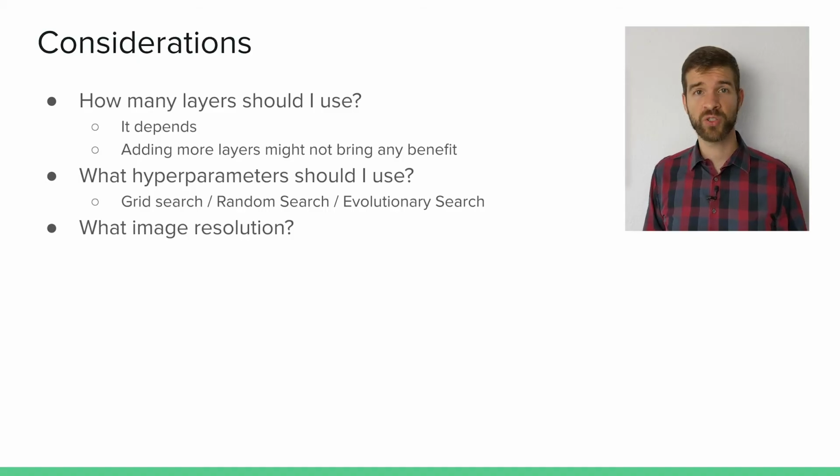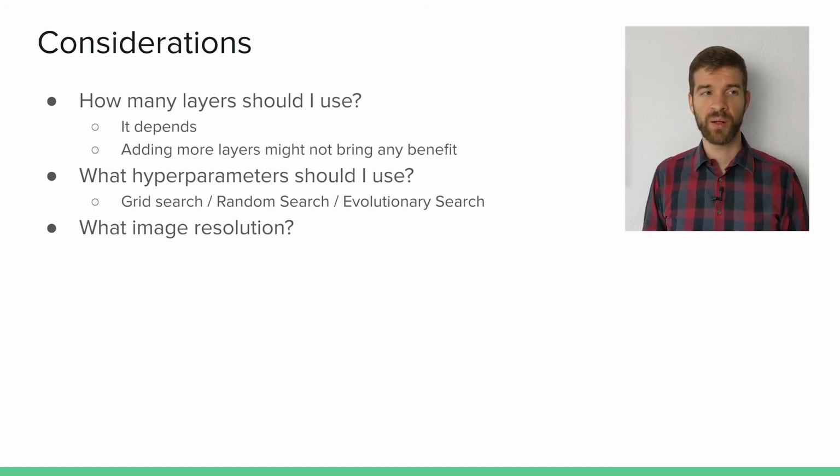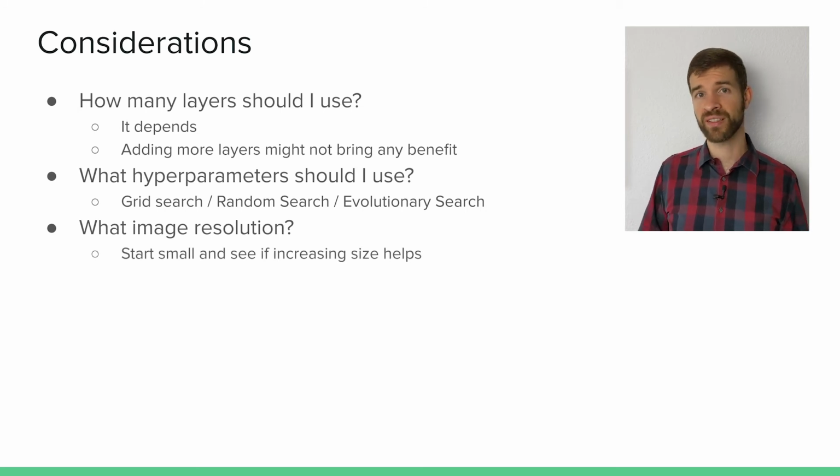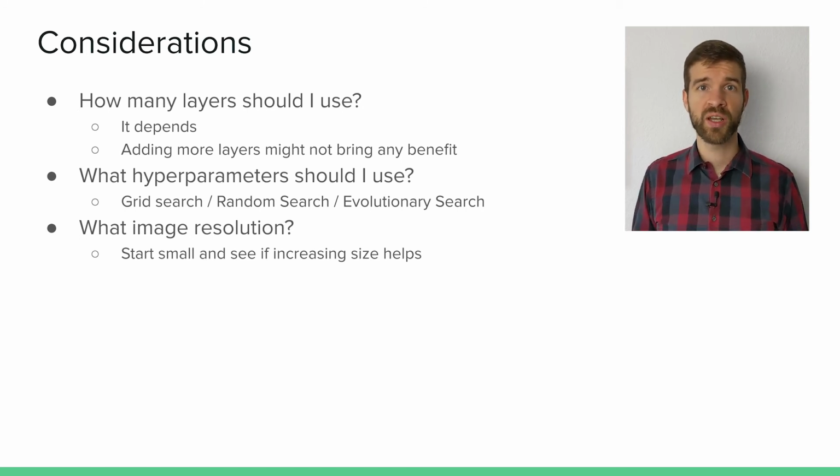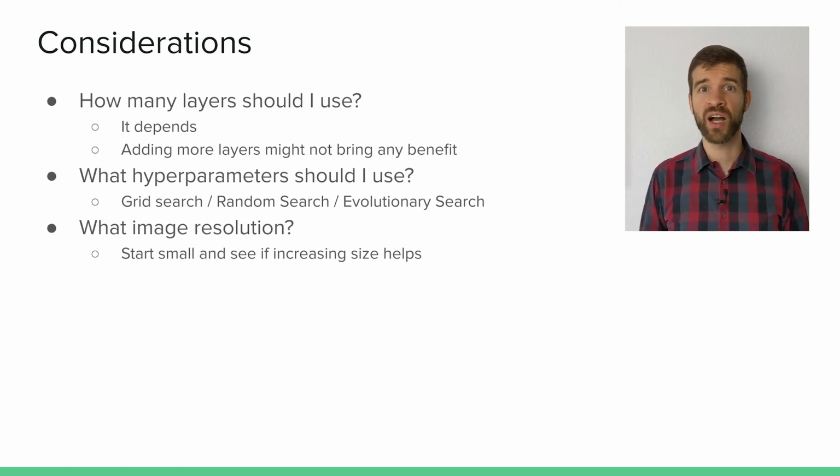What image resolution should you use when you're talking about visual computing? Well, I would recommend to start with something small and see if increasing the size helps. You should always try to start with a really small version of your input image because it's faster, and you will be able to see if it works or not. Computers are remarkable at extracting meaningful features.